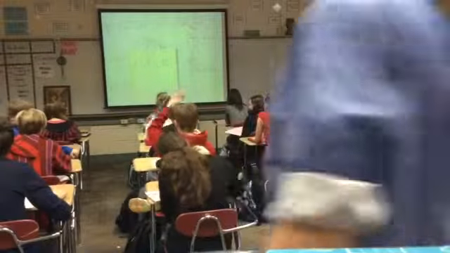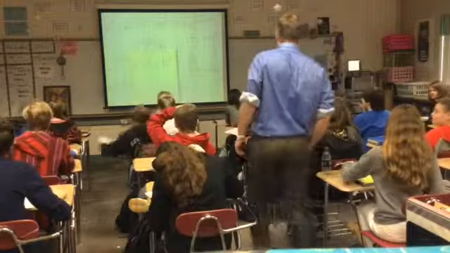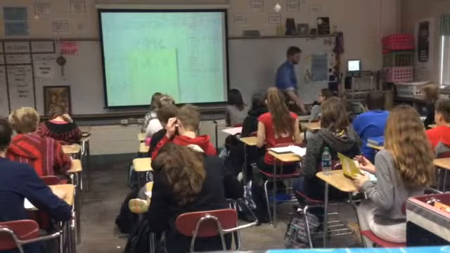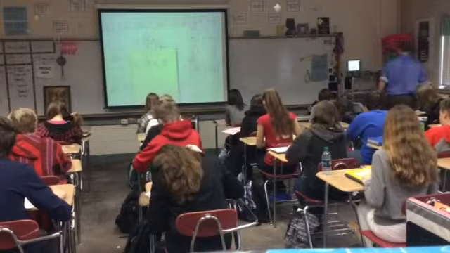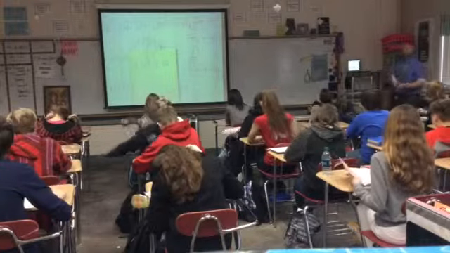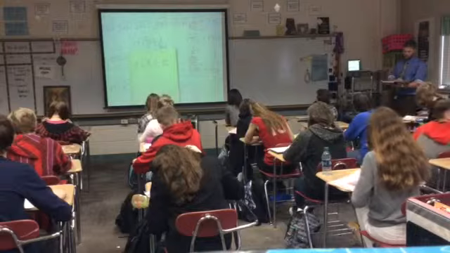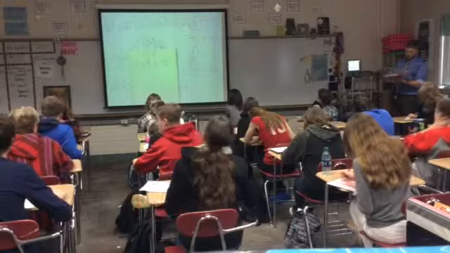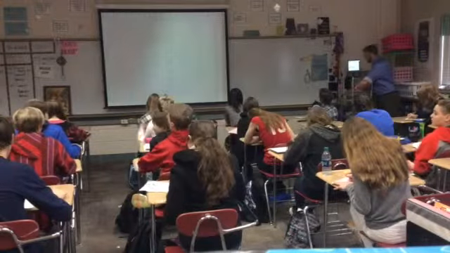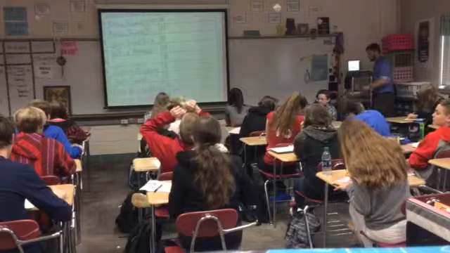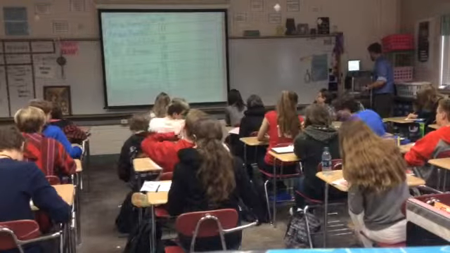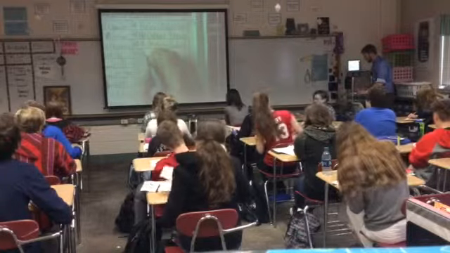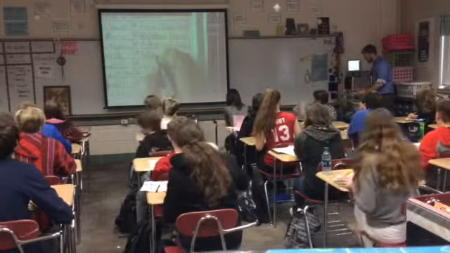So our notebooks are out, ready for notes. Open to the table of contents. In our table of contents, we're on page 64. We're doing multiplying radicals, part 2. How many parts are there?